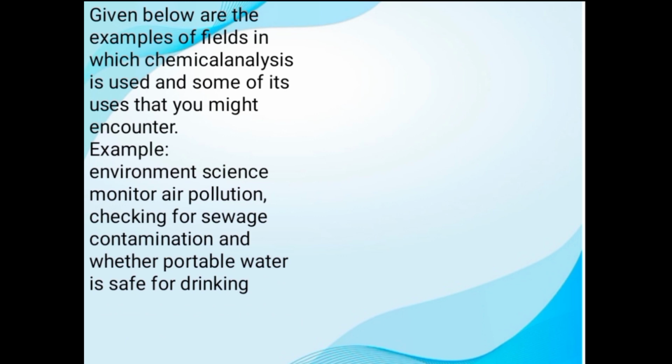Given below are examples of fields in which chemical analysis is used and some of its uses that you might encounter. Example, environmental science: monitor air pollution, checking for sewage contamination, and whether potable water is safe to drink.